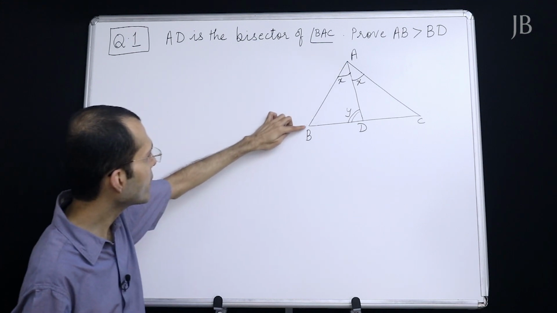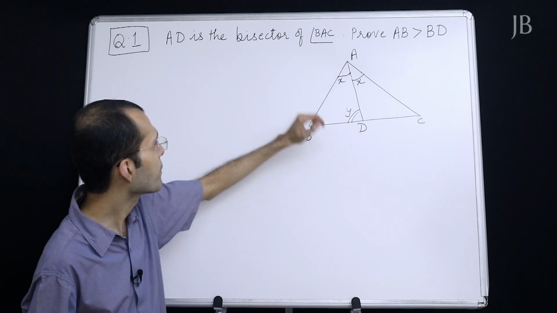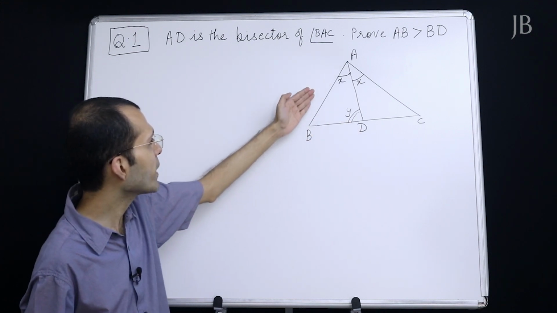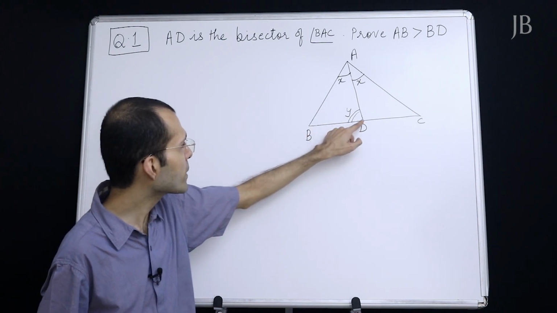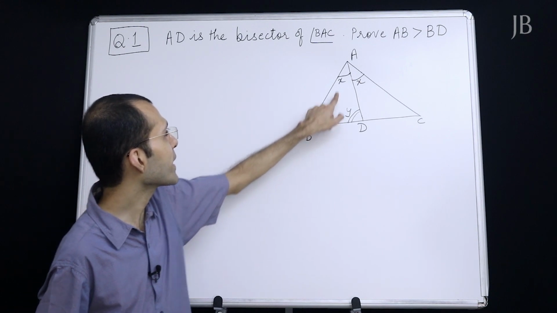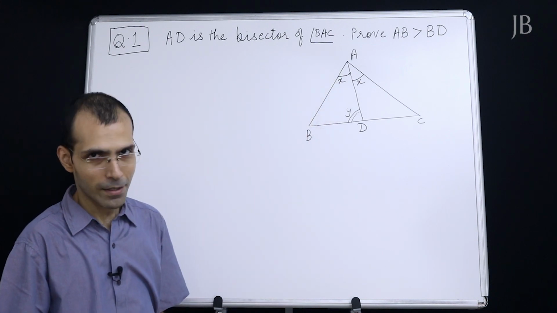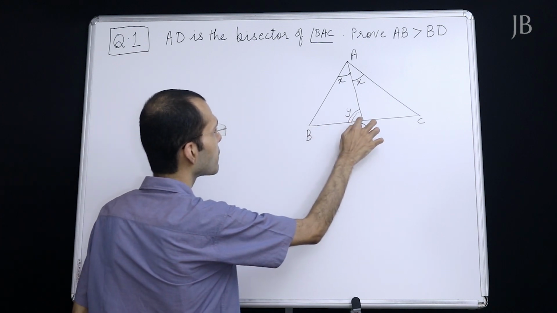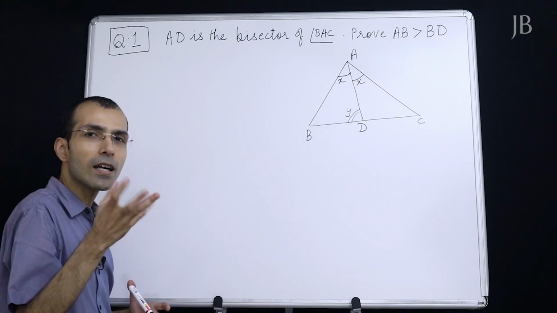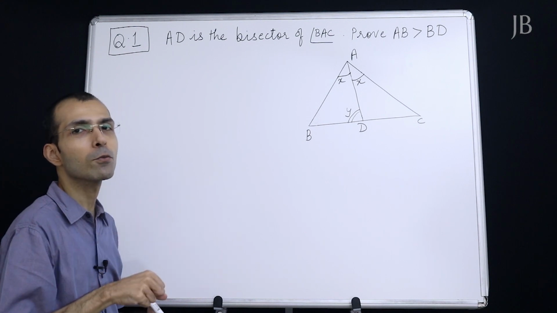So this is AB and this is BD. Which is the angle opposite to AB? Y. We have marked it. Which is the angle opposite to BD? X. Already marked. Now we want to prove AB greater than BD. So in other words, what we have to prove?